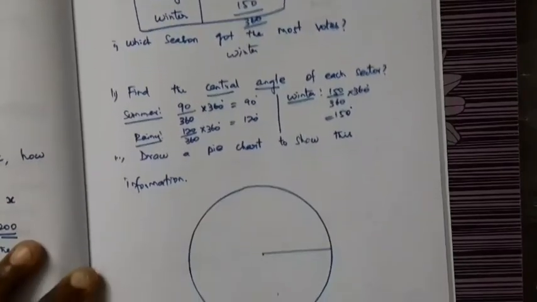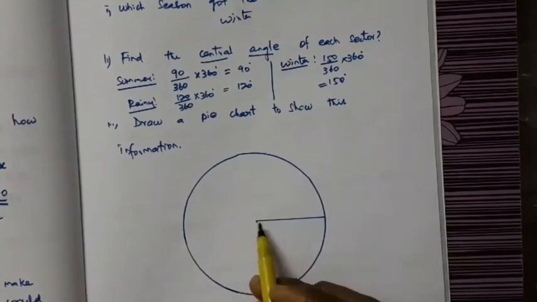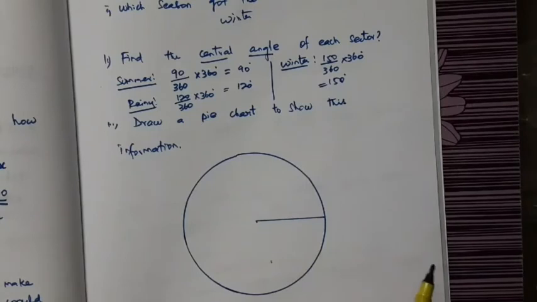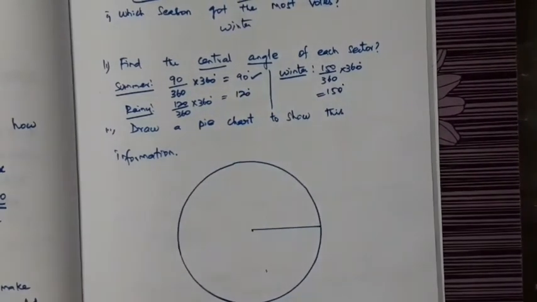Now we are going to draw a pie chart for this. First draw a circle of any radius and mark the center point, and from this draw a line like this. The first thing is, we are going to draw this 90 degree summer. For summer it is 90 degree.